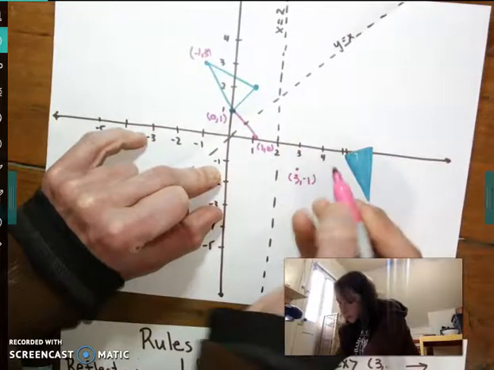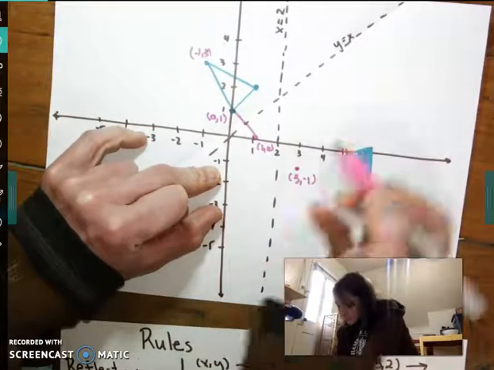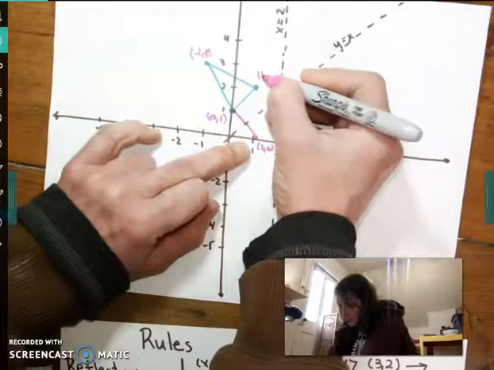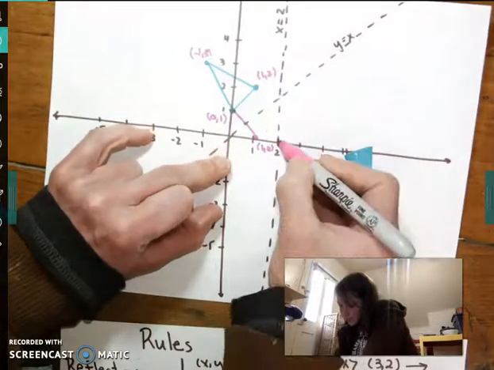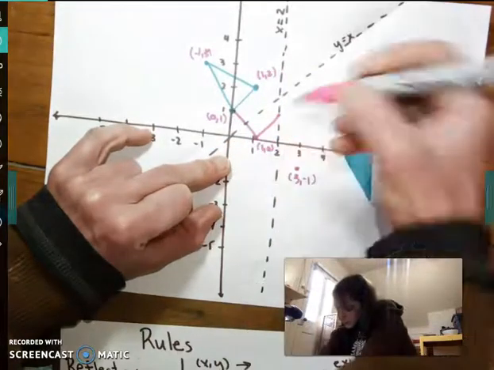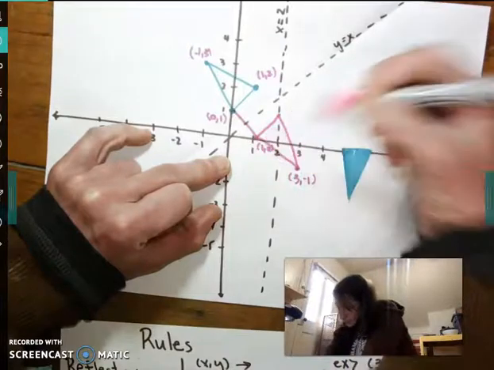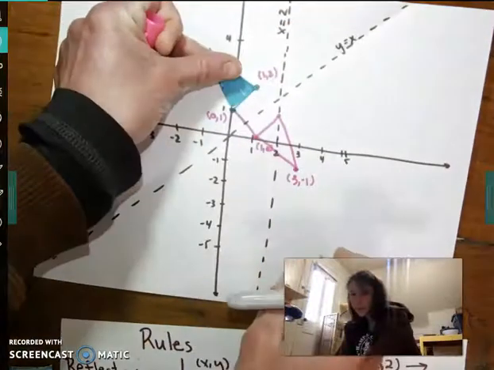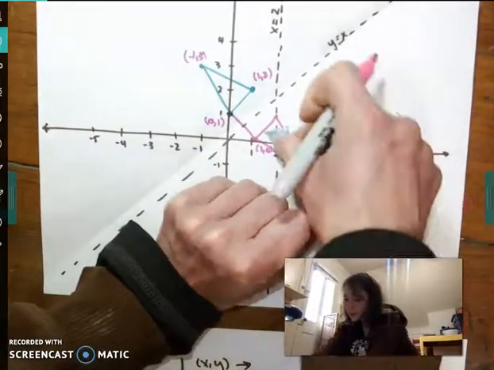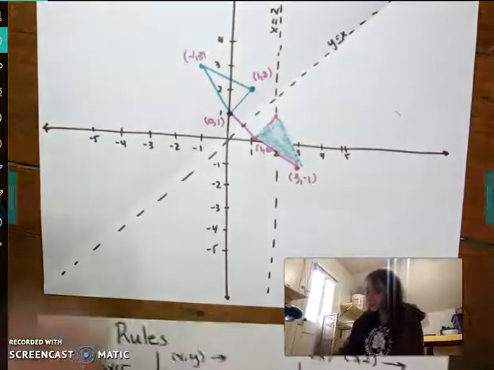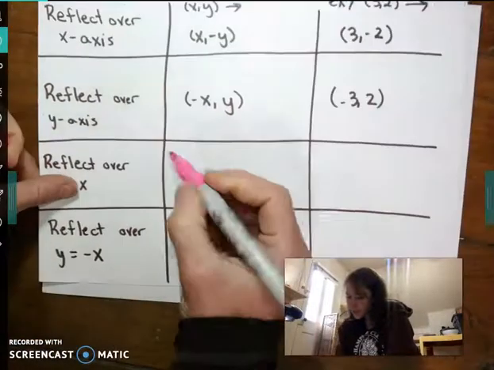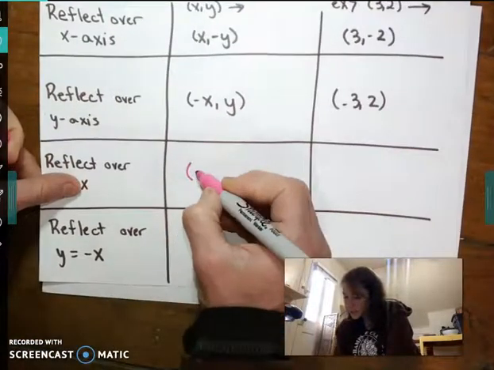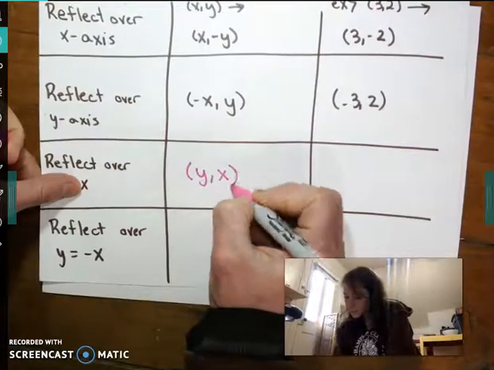I just switched the order. And this one that was 1, 2 is now going to be 2, 1. So that's my new triangle. Goes from here, flips over that mirror to here. So the rule for reflecting over y equals x is just to switch the order.